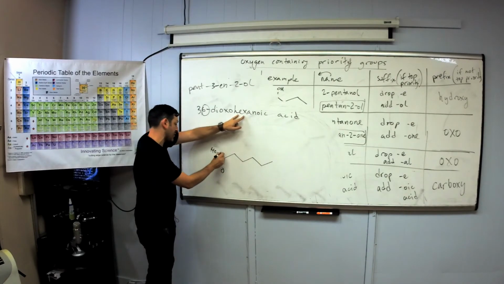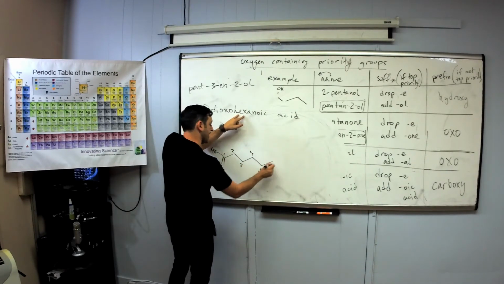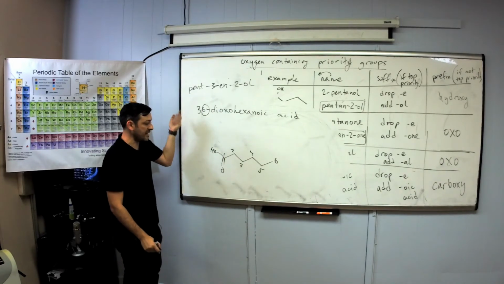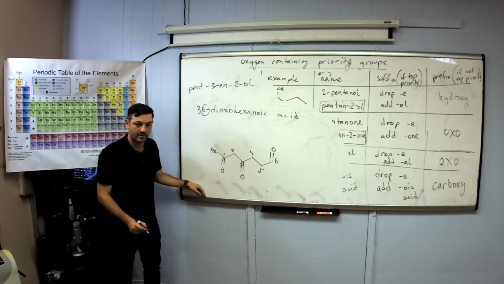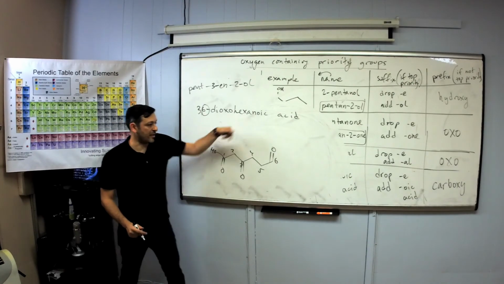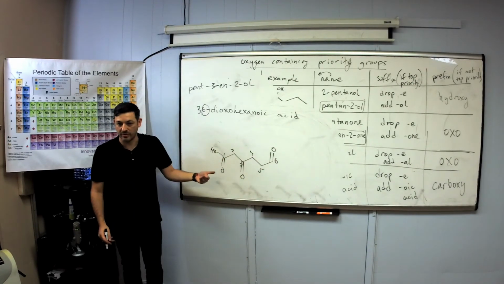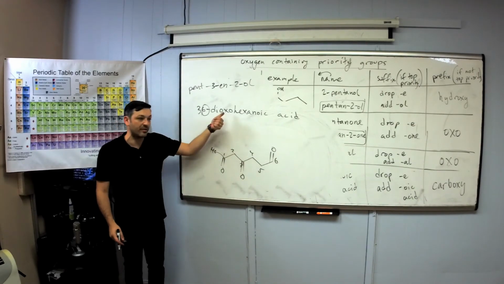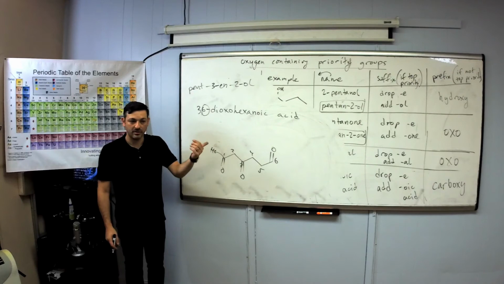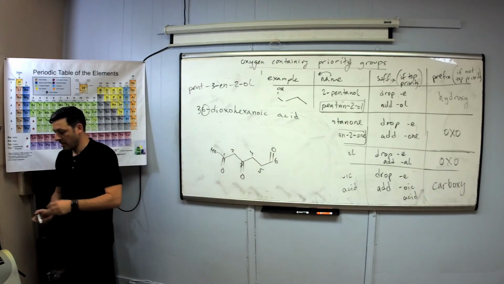I started here, so this is 1, 2, 3, 4, 5, 6. On 3 and 6, there's oxo. Oxo means double bond O. Draw the parent and then drop in substituents. It's so easy to go in that direction. It's much more difficult to go from here to there. So practice this. Be an expert of this.